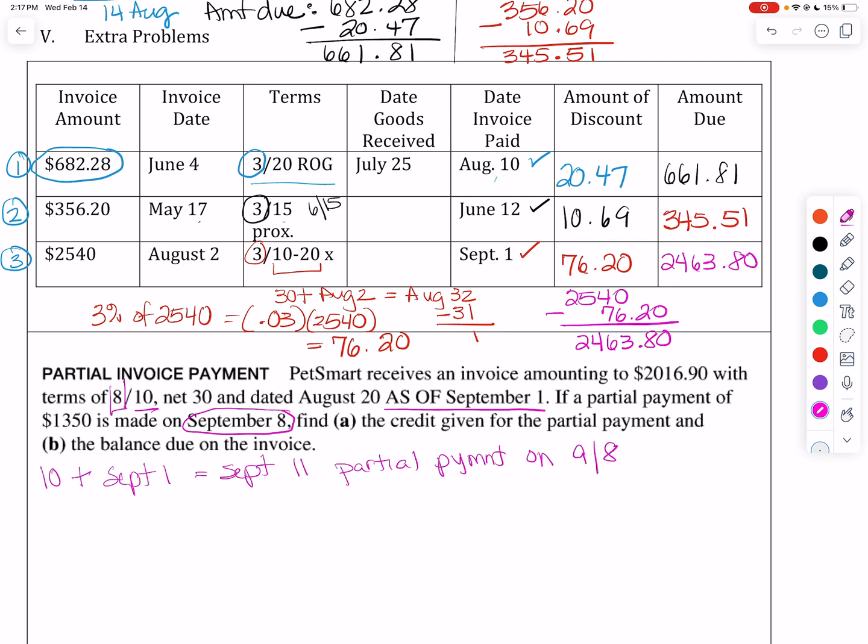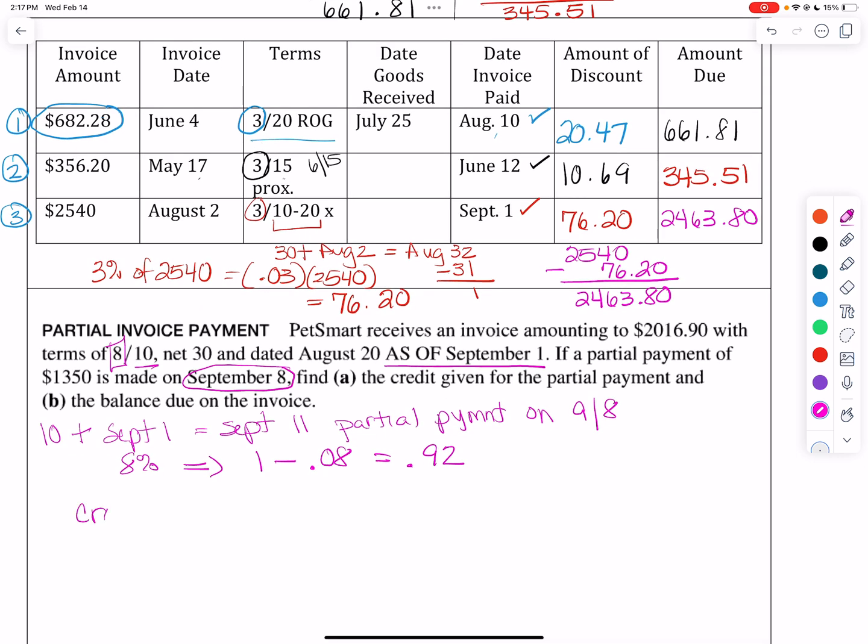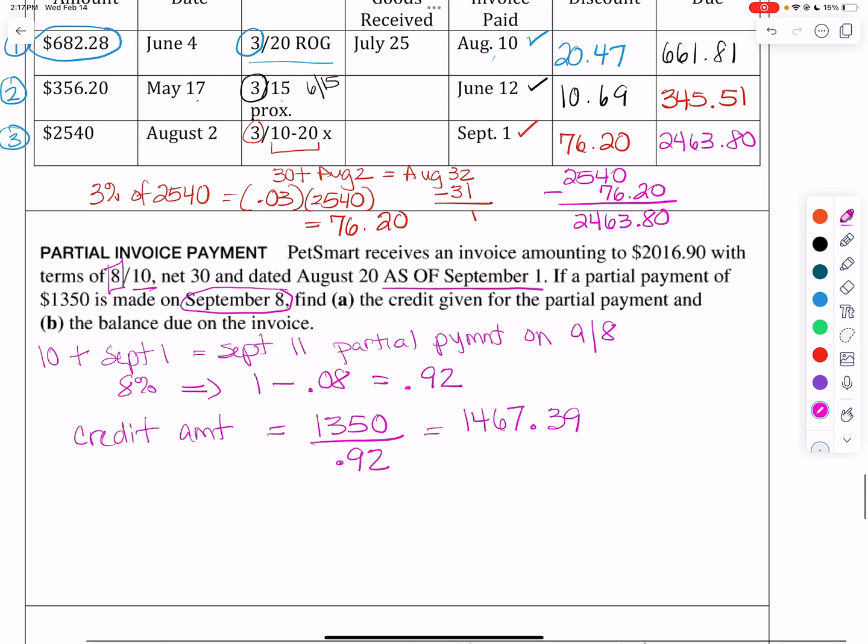So they get an 8% discount, and we need to find the complement of that. 1 minus 0.08 is 0.92. So the credit amount is the partial payment amount, 1,350, divided by the complement, which is $1,467.39. That's part A.